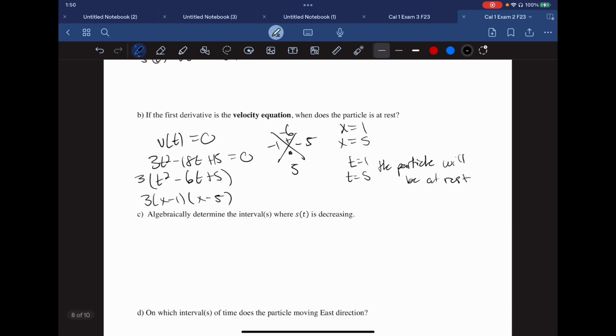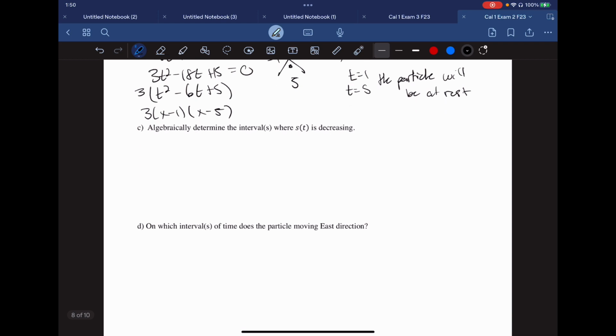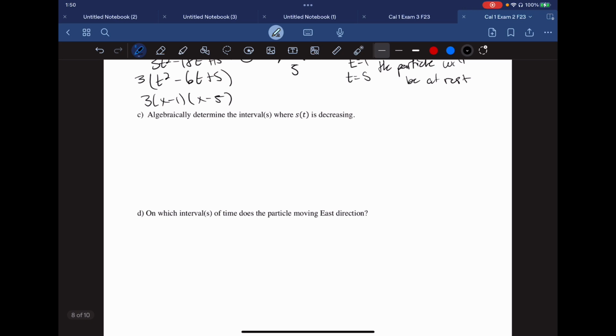Awesome. So now C, algebraically determine where S of t is decreasing. Since t equals 1 and t equals 5 are zeros, they won't have a slope. So let's draw sign charts to see the signs of the slope before and after the points t equals 1, 5, and 0, because that's our start time. Here's 0, here's 1, here's 5.